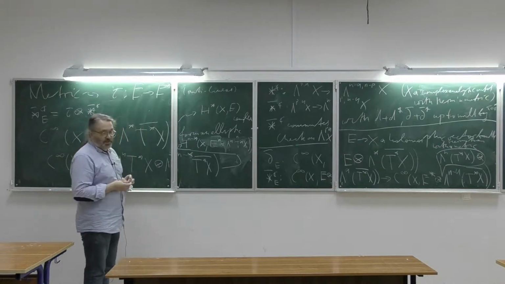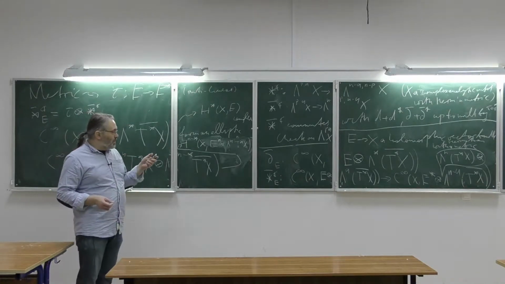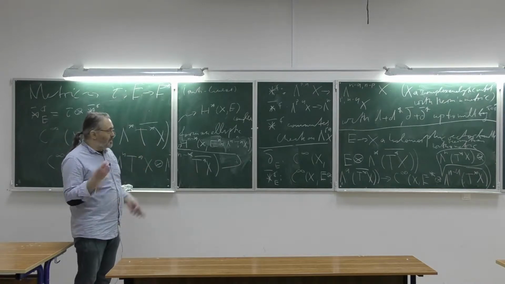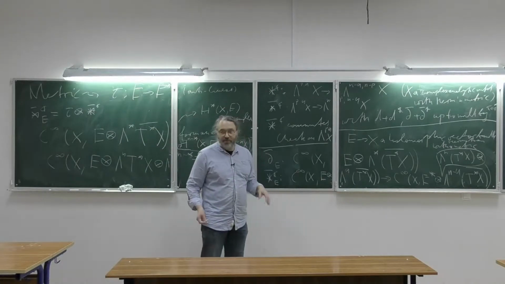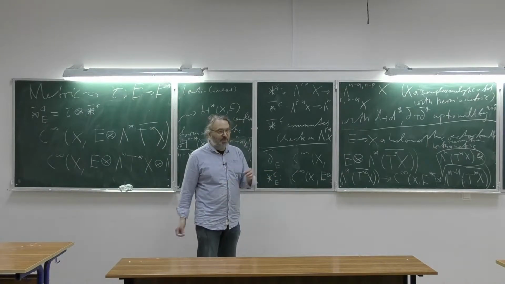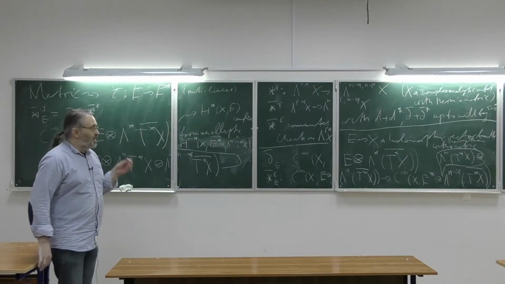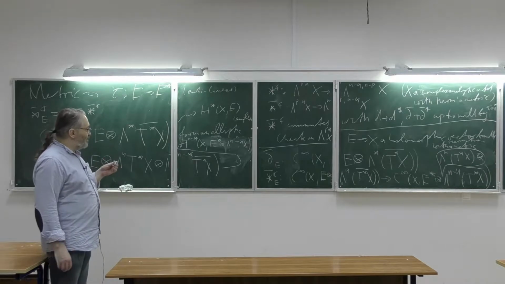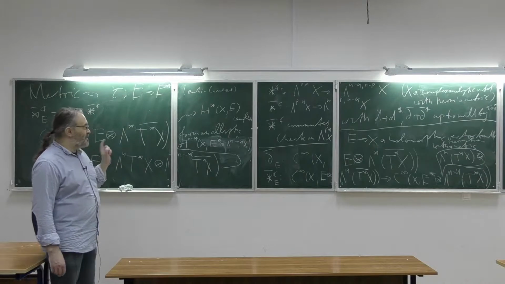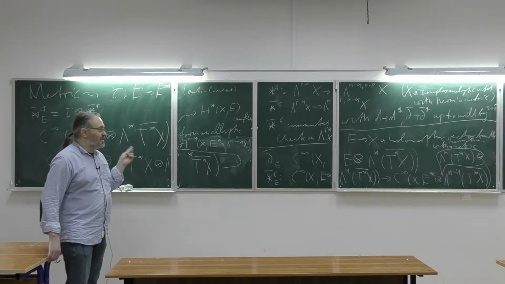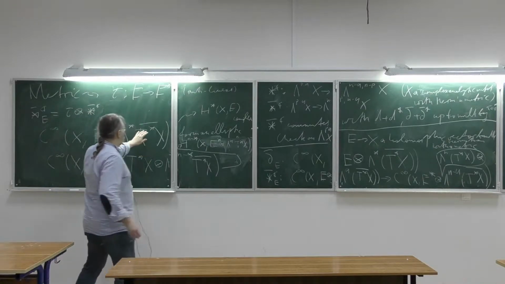But let's look at the formula once again. We want to show that this operator star, conjugate, sort of commutes with the Laplacian. Let's see in which sense it commutes with the Laplacian, because in fact we have two Laplacians.